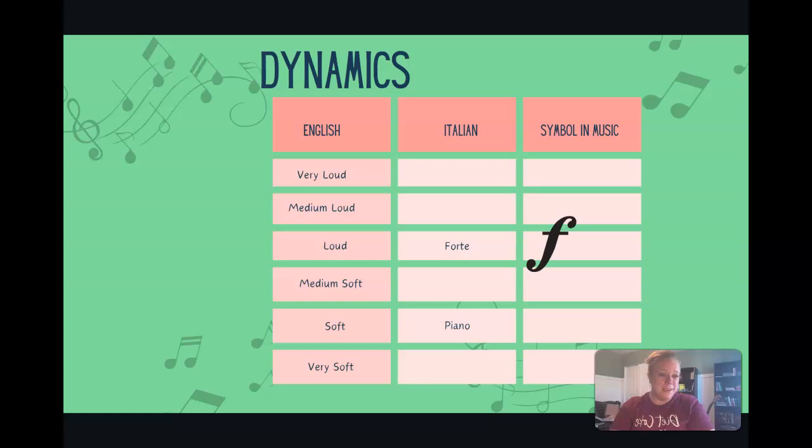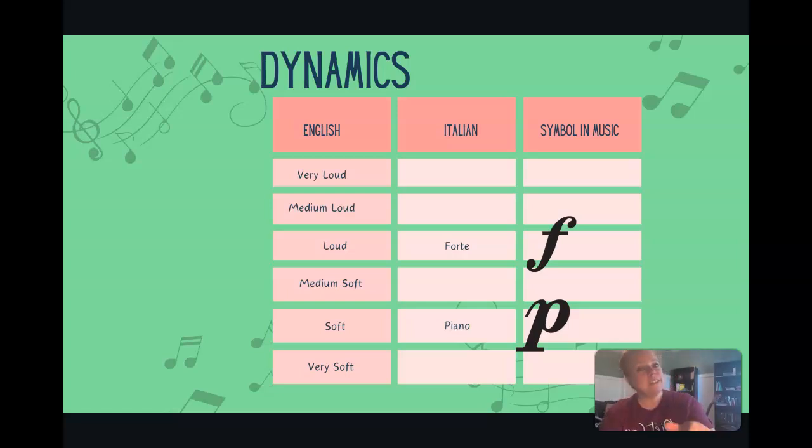And so that's why most keyboard instruments before were either super loud, like the organ, or super soft, like the clavichord or the clavier. The piano could play both. So in the music, you're going to see this abbreviated with a stylized italicized letter P.